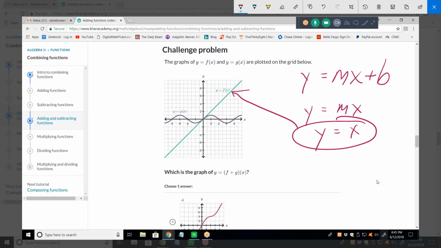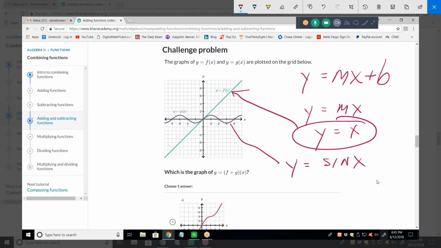Now, this other function, I kind of recognize that as being y equals sine of some number times x. In other words, it's not quite sine of x. Its period is 8.